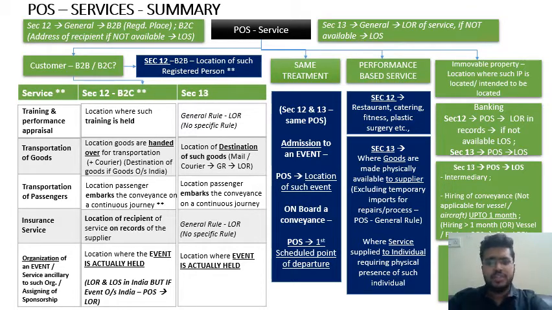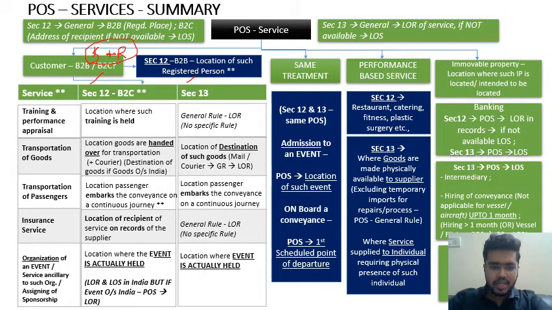So now, as we discussed in the previous video, we will be breaking place of supply into two, goods and services, right? Under services there were two sections, guys. If you remember, section 12 and section 13. So what is section 12, what is section 13, guys? When both the supplier and the recipient are in India, then you will go to section 12, right?